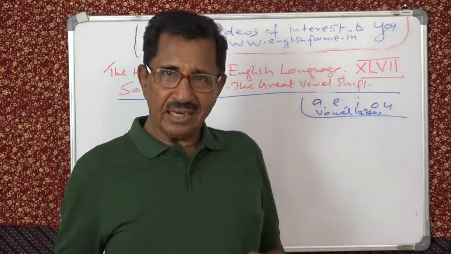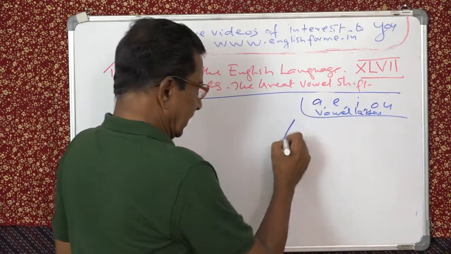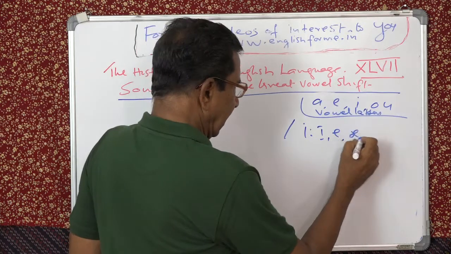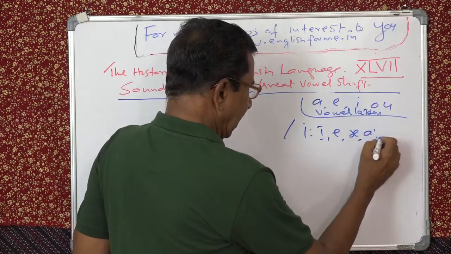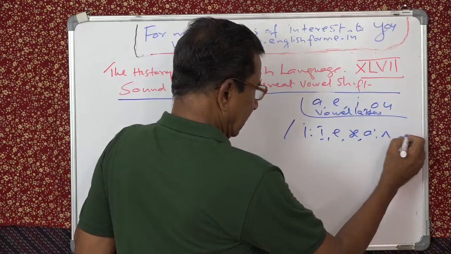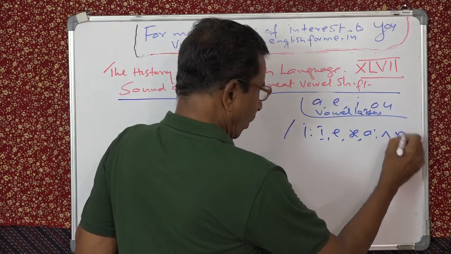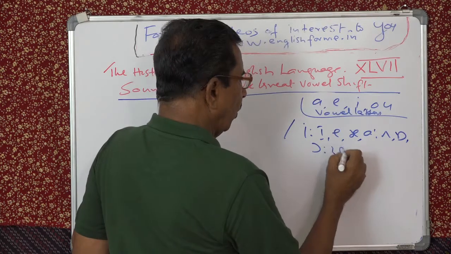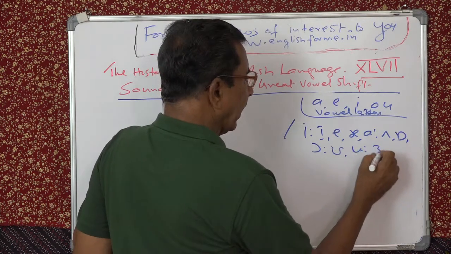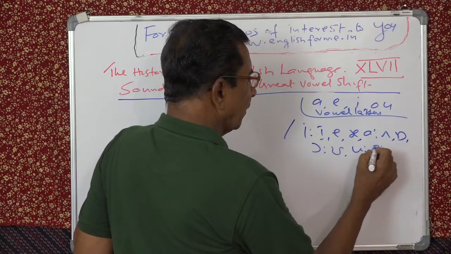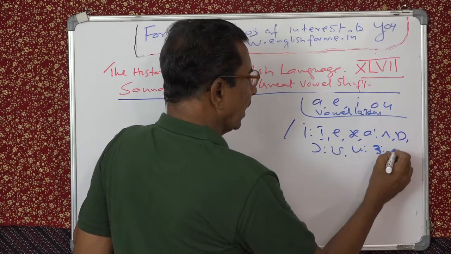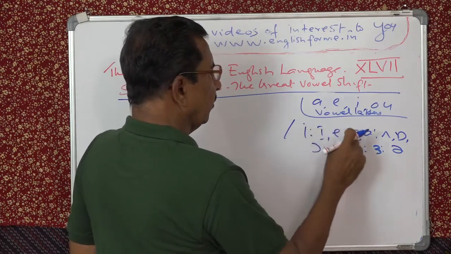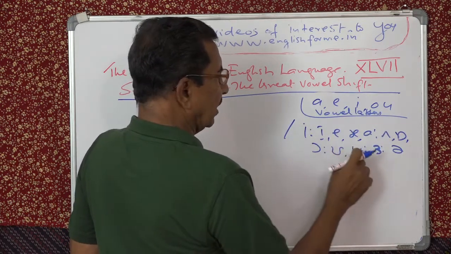12 pure vowels and 8 diphthongs. I think you know this. 1, 2, 3, 4, 5, 6, 7, 8, 9, 10, 11, 12.